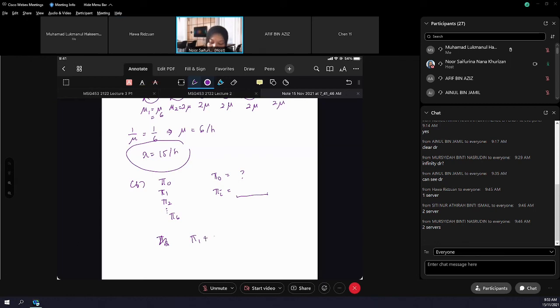Okay, so for question B, you have to find the probability of the system being in state 0 and state 1, because that is when at least one of the clerks is idle or not doing anything. So for question B, you find pi 0 plus pi 1.